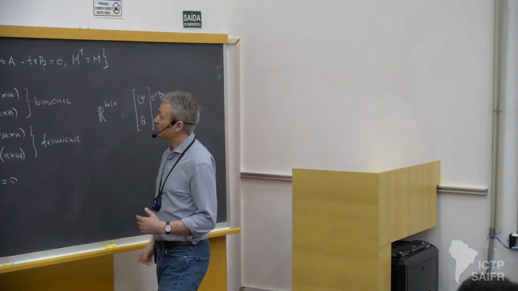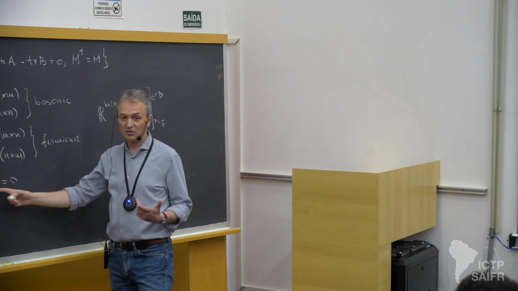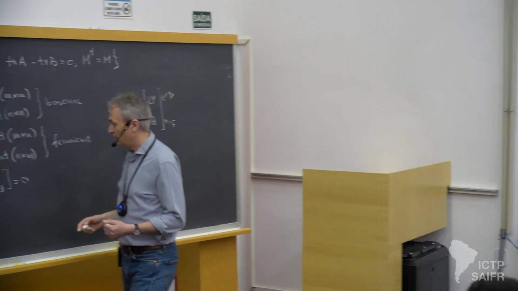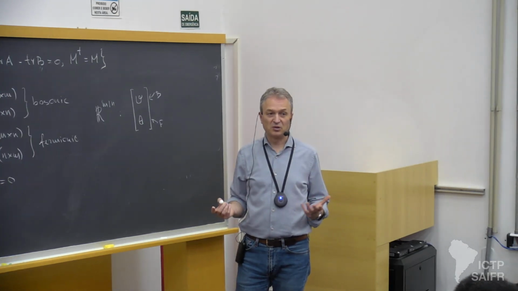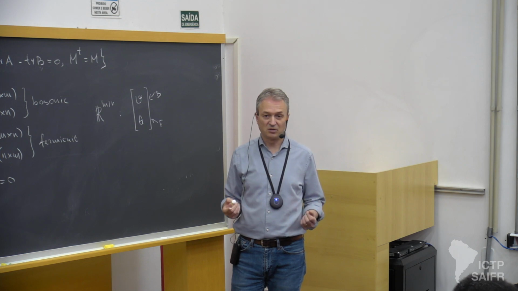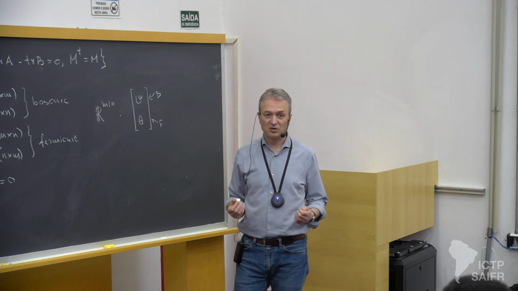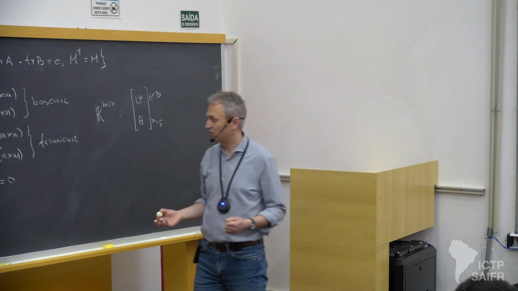So this trace condition doesn't eliminate the unit matrix. The unit matrix commutes with anything, so it is a central element of the algebra, and we can mod out by it. So consider only the algebra without this unit element.